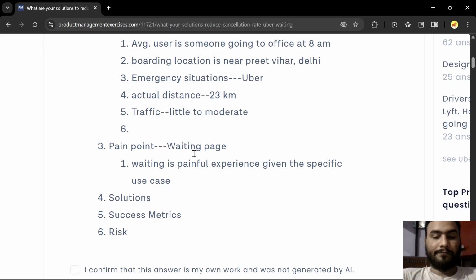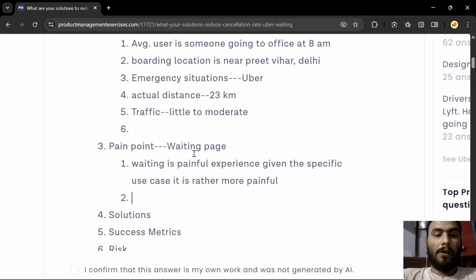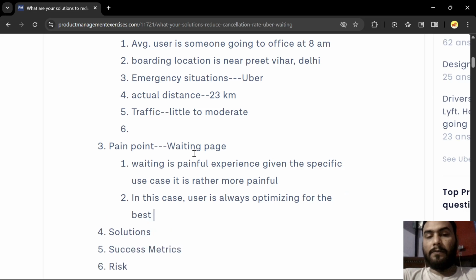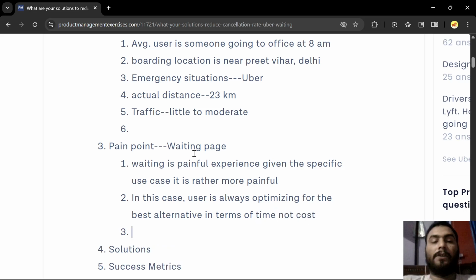And given this specific use case that we are discussing, it is rather more painful because in this case, the user is always optimizing for the best alternative in terms of time, not cost, because here they are late for the office and they need to reach the office in the fastest way possible.